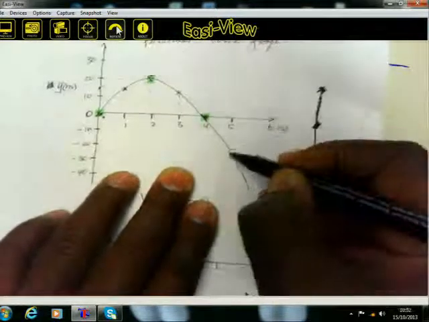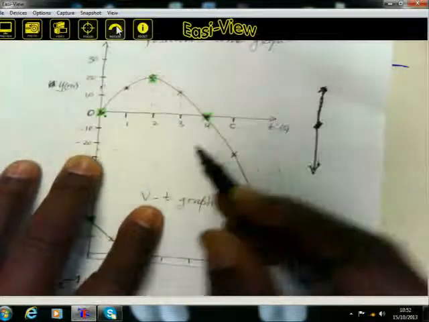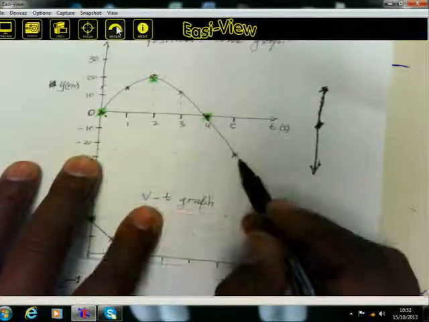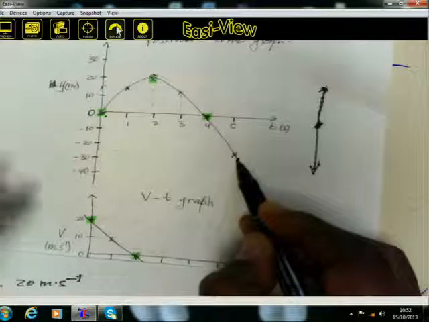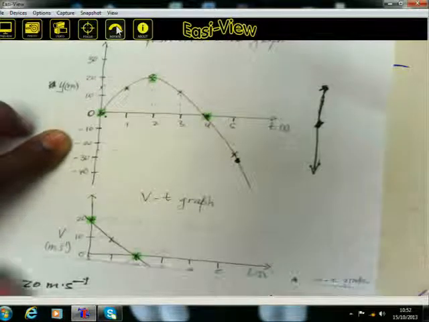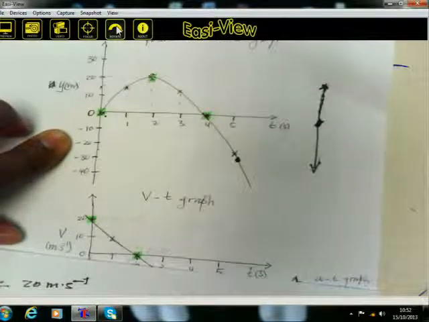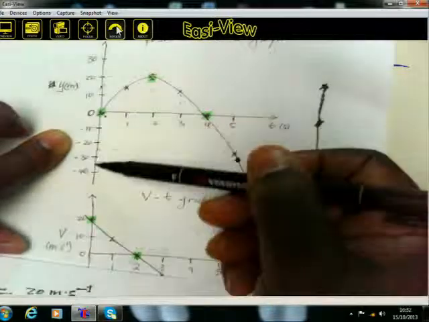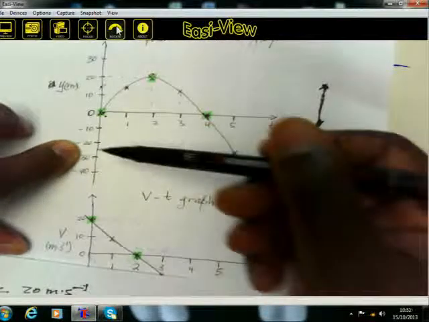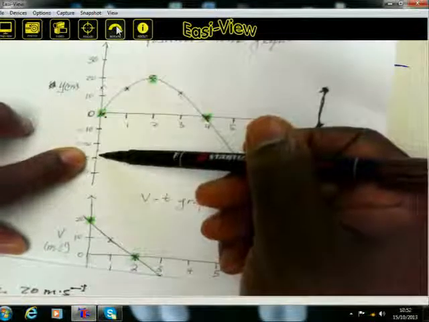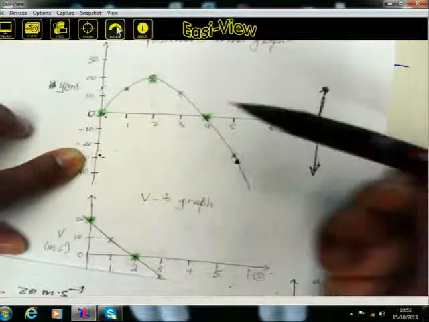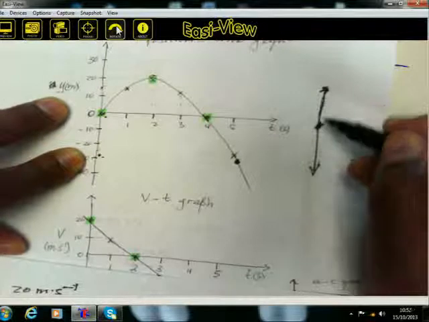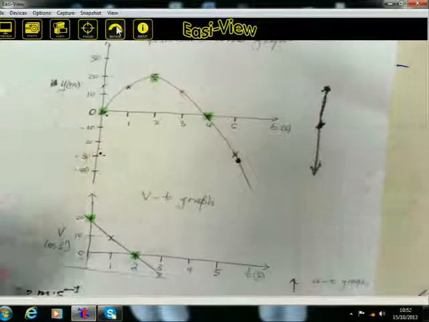In other words, after 5 seconds, the position will be 25 meters below the throwing point. And hence, because displacement is a vector quantity, that indicates that the object has a negative displacement. And the negative displacement indicates that the object has overshot its original position.